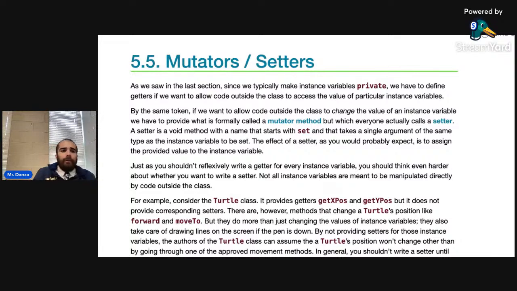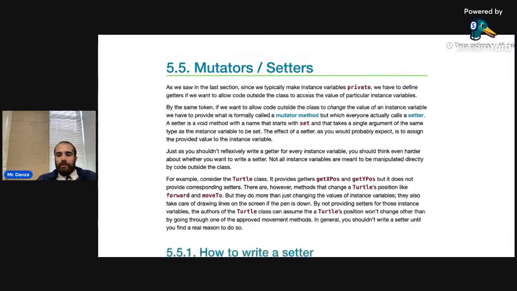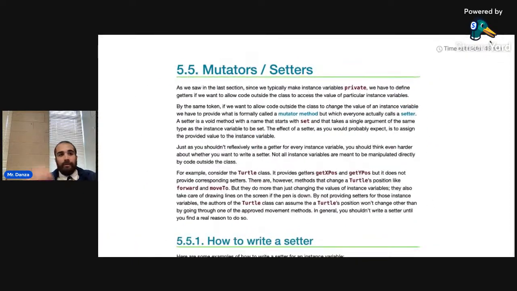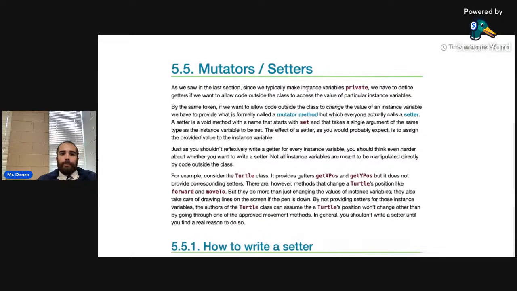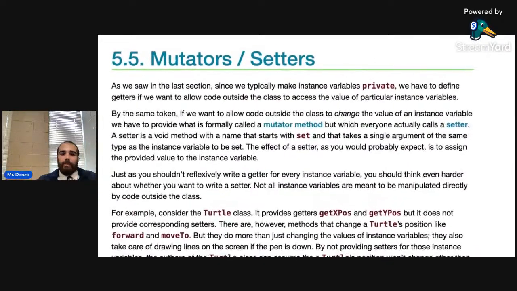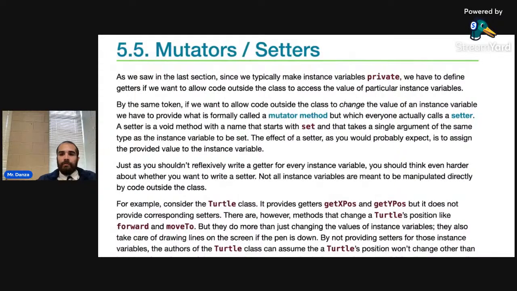All right, 5.5. It says it should take us 45 minutes. We'll see. As we saw in the last section, since we typically make instance variables private, we have to define getters if we want to allow code outside the class to access the value of particular instance variables.